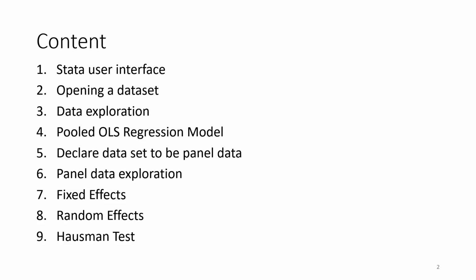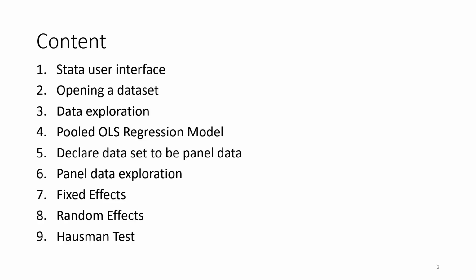Here in this particular transparency number 2, you see the content of the course that I'm going to give you. First we see the Stata user interface, how to open a dataset, and how to make a basic exploration of the dataset, and then go to the estimation of a simple model, which is the pool model.